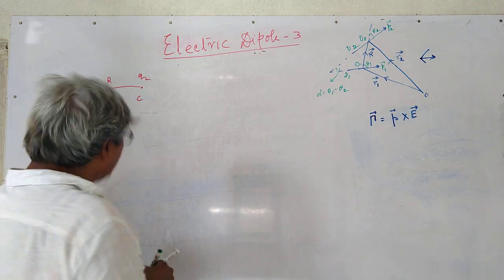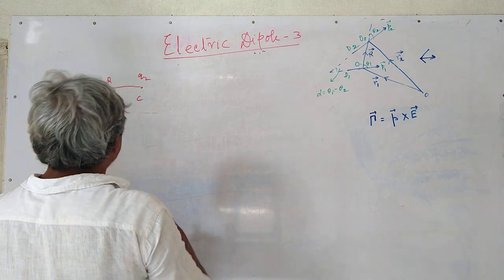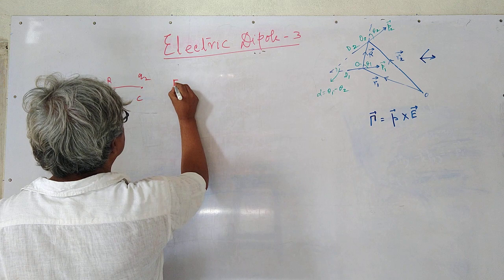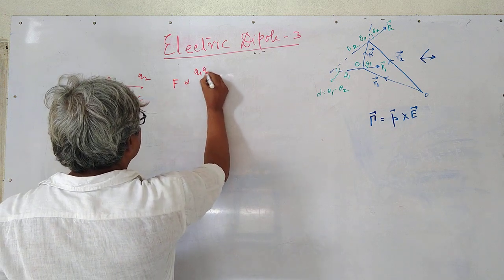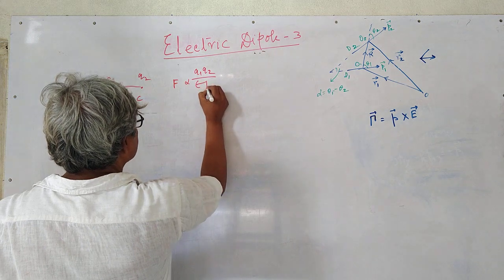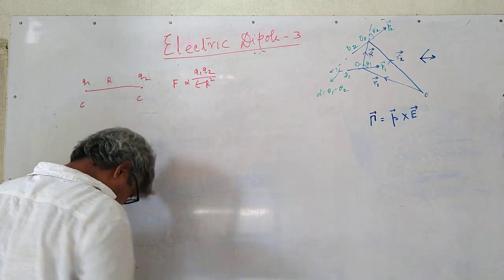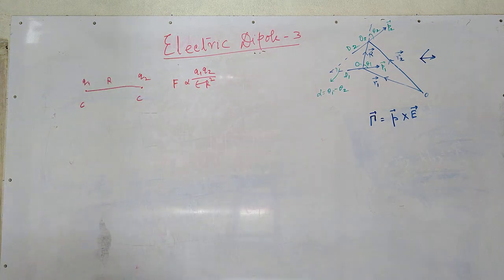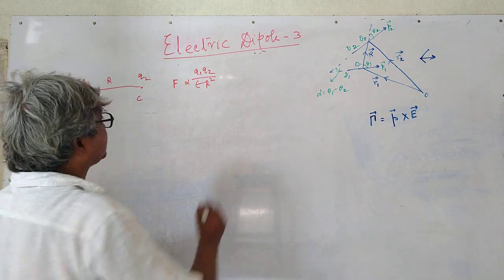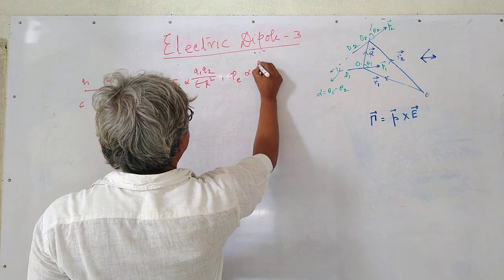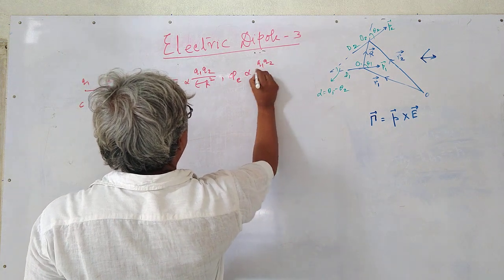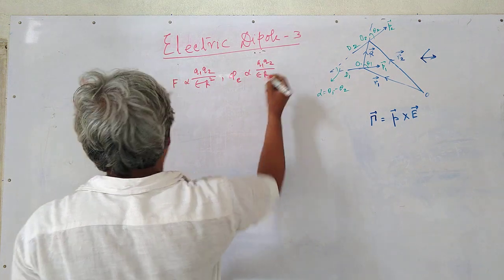In that case, we know the force that acts is proportional to Q1 Q2 by epsilon r square, where epsilon is the permittivity of the medium, and the potential energy varies as Q1 Q2 by epsilon r.